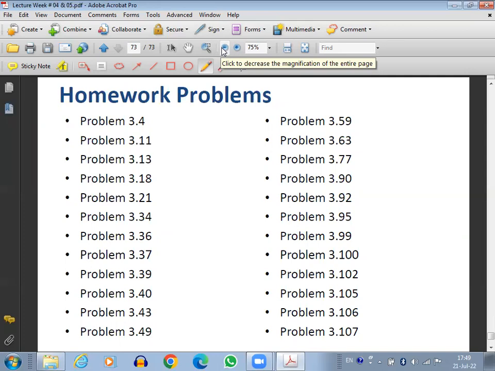Because as I told you, in the mid-exam, it will be 20 marks. Out of 20 marks, 5 marks or less will be from homework. So you'll have a question of 5 mark or 4 mark or 3 mark from the homework. 15 or 16 or 17 marks will be from the lecture. Theoretical will be less than 30%.